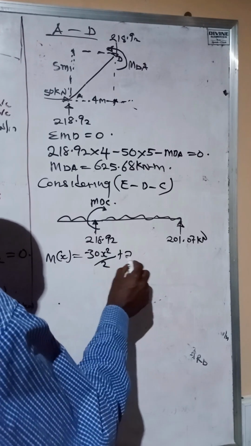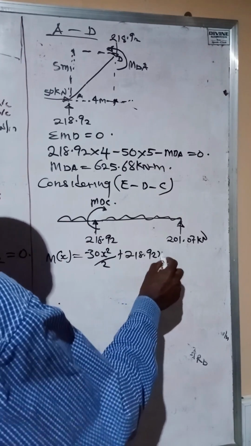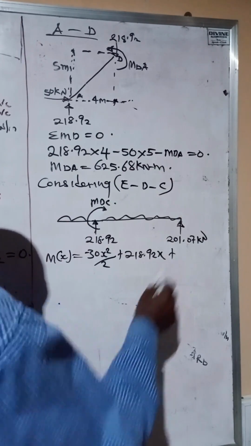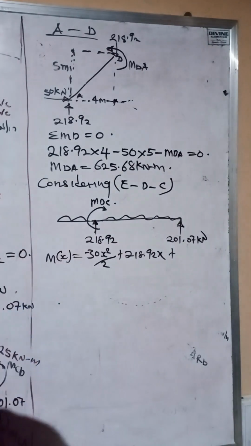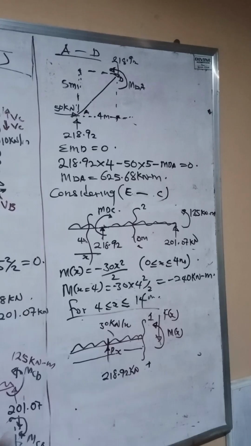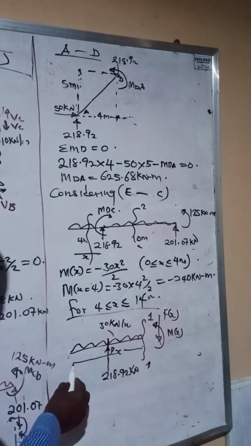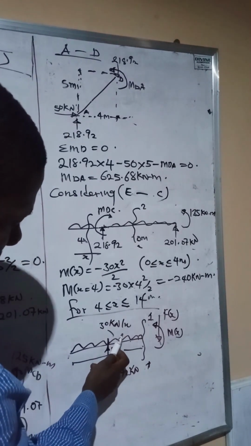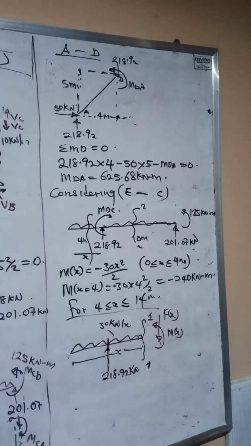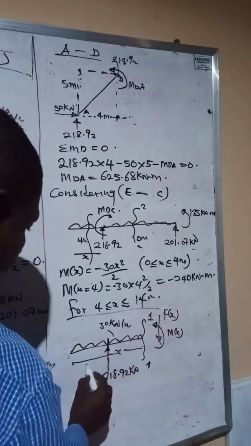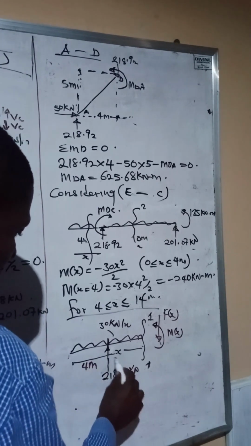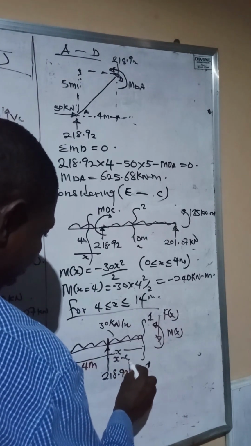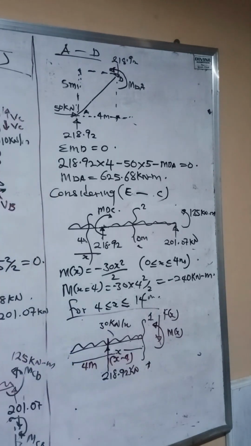Then we'll have plus 218.92 x. Then we'll have plus this MD. This is our reaction at this point. Now, from the zero mark to here is x. So from here it's 4 meters. So here becomes x minus 4.